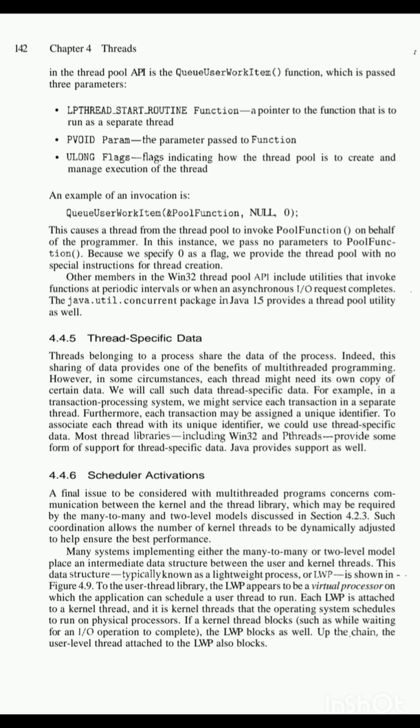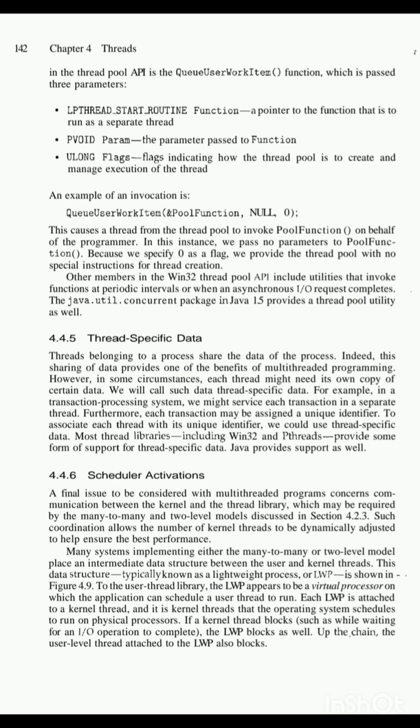Many systems implementing either the many-to-many or two-level models place an intermediate data structure between the user and the kernel threads. This data structure, typically known as a lightweight process or LWP, is shown in figure 4.9.